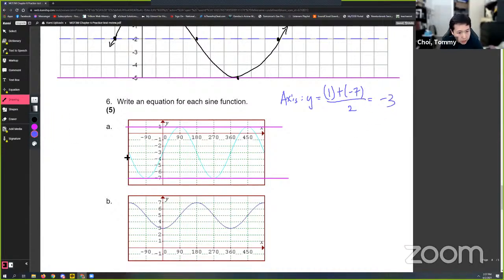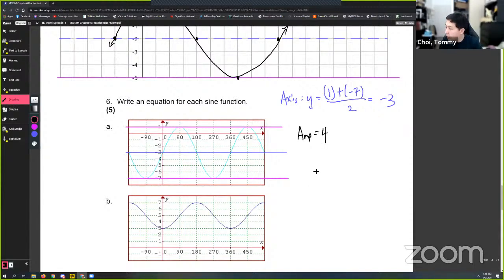So then I can draw my equation of the axis. So my first steps are the same. Indicate your peak, indicate your trough, indicate your equation of the axis. That's going to give you your amplitude. You don't even need to do the formula. You can just count: 1, 2, 3, 4. My amplitude is 4.